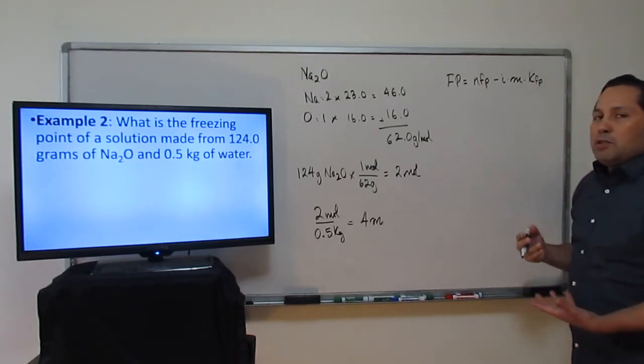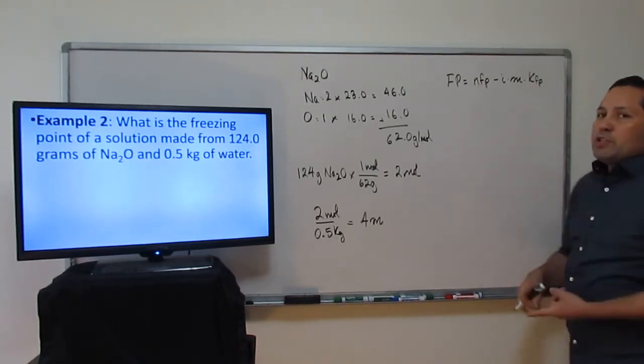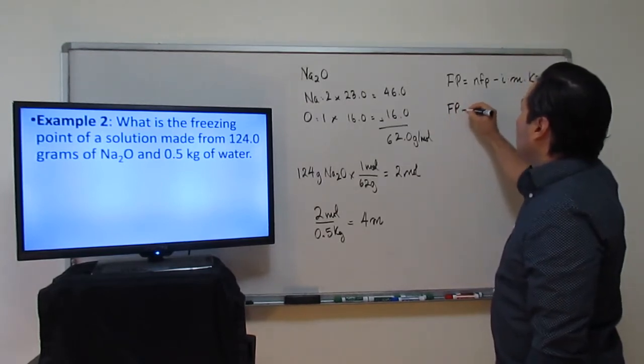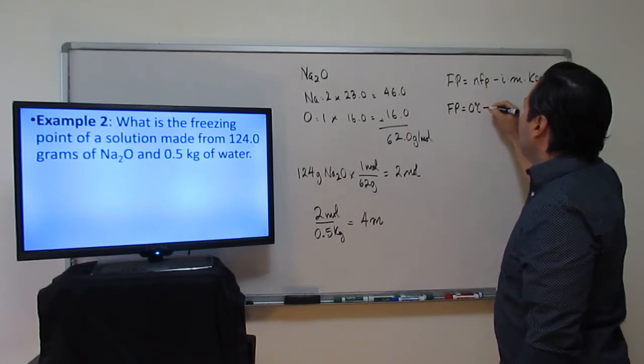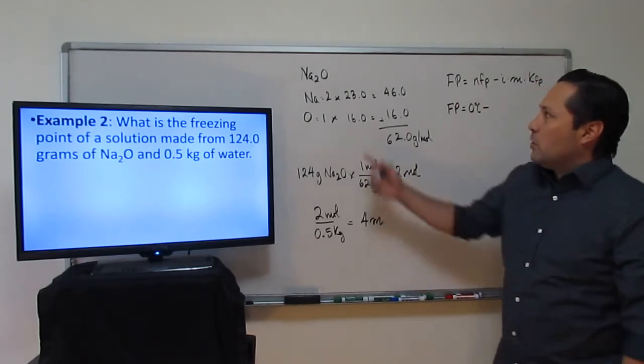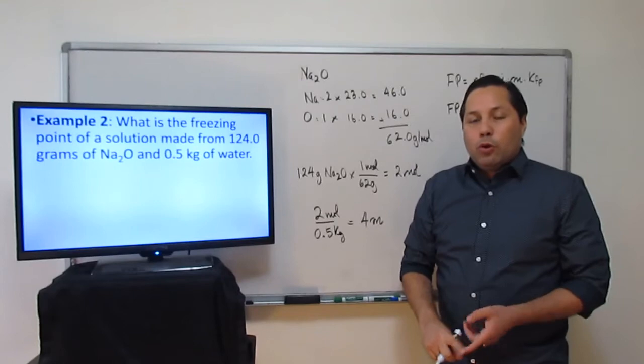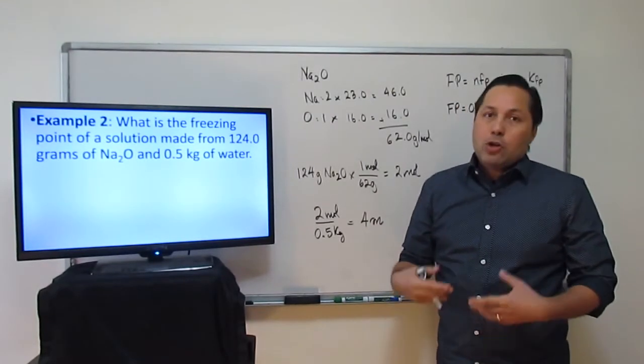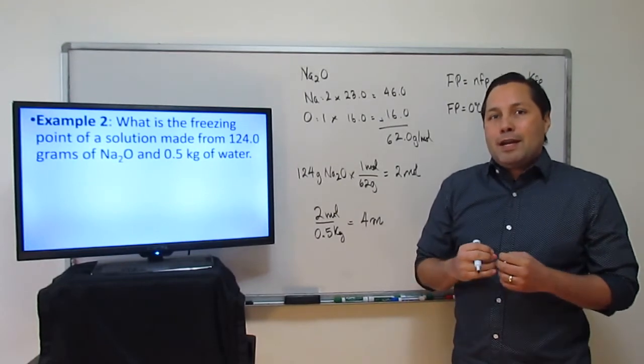All right, so let's start plugging in the values. The normal freezing point of water is 0 degrees Celsius, minus the Van Hoff constant. Na2O, the sodium oxide, is a metal, sodium, attached to a nonmetal. So when you place it in water, it's going to ionize.